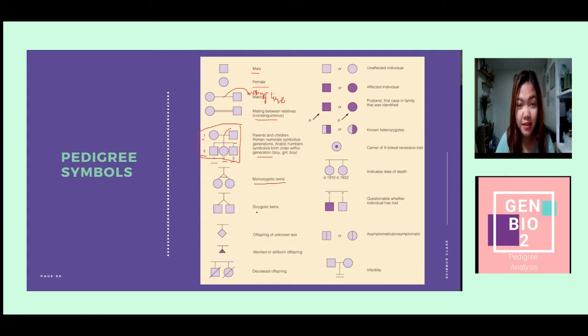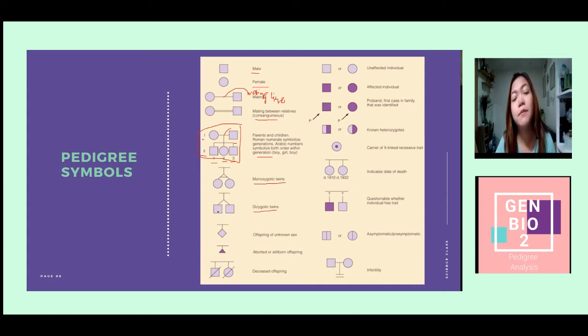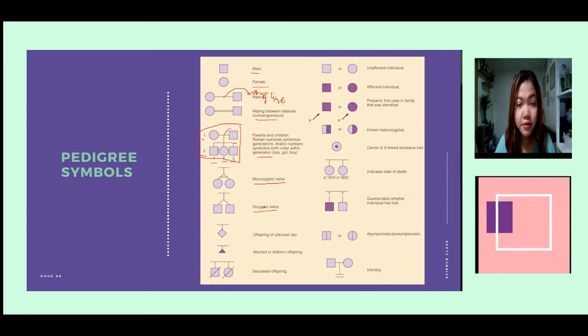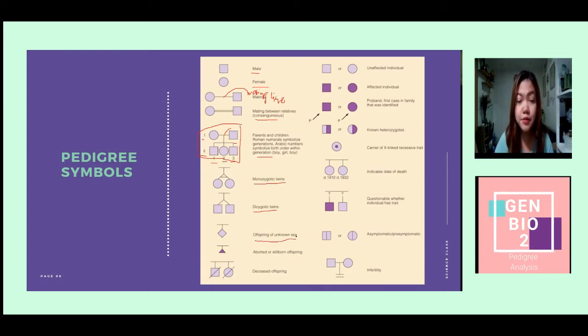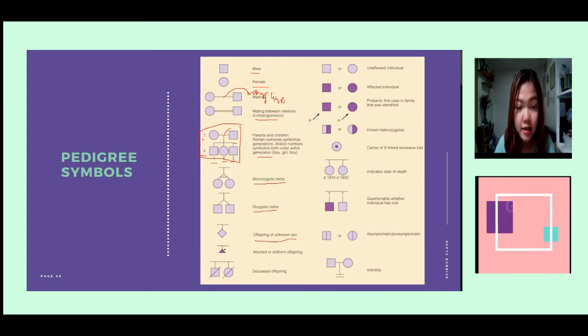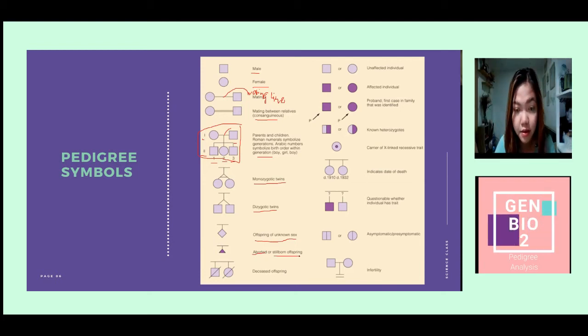Particularly, these are both male, and these are both female. Then for fraternal twins, the lines are drawn differently. If the shape is a diamond, it means the offspring has an unknown sex. And a shaded triangle means the individual is a miscarriage or pregnancy loss.